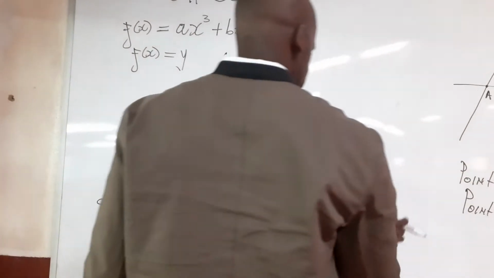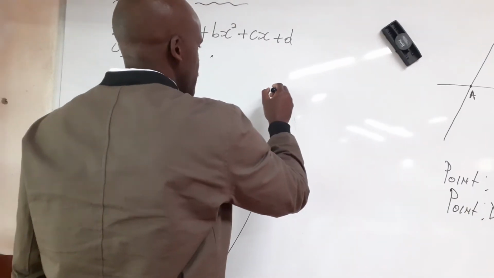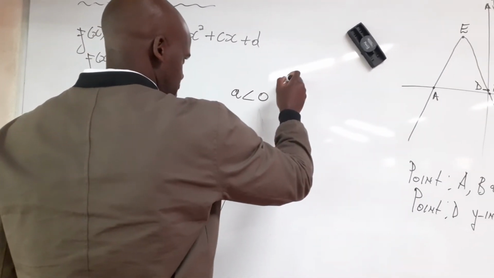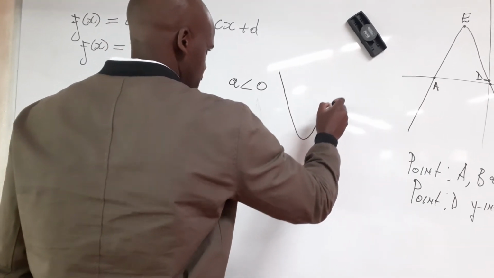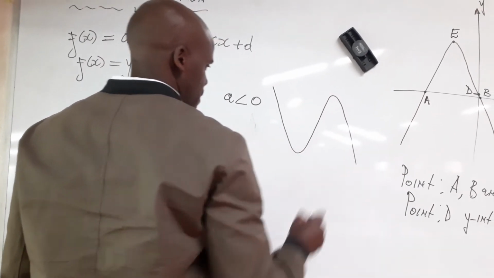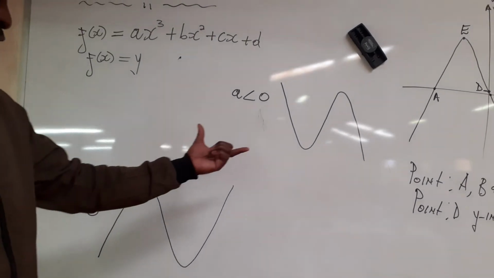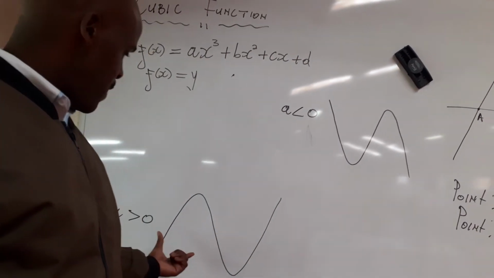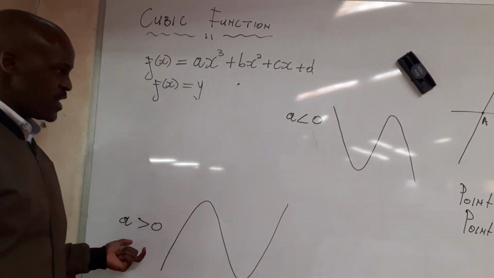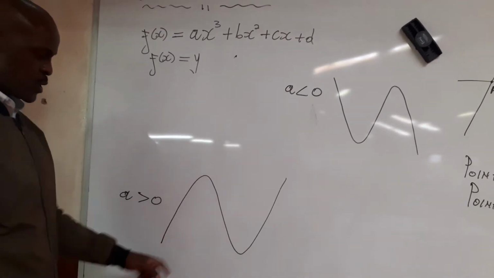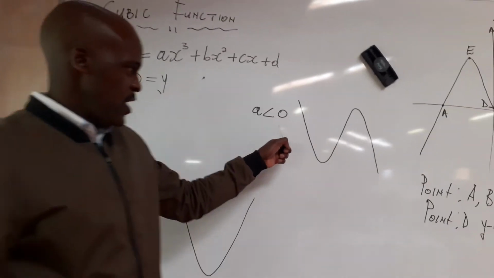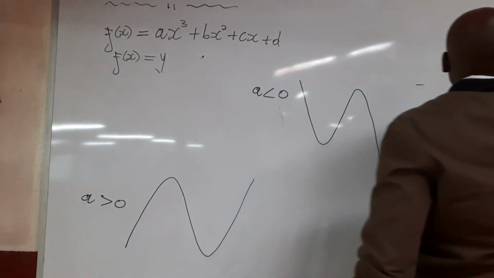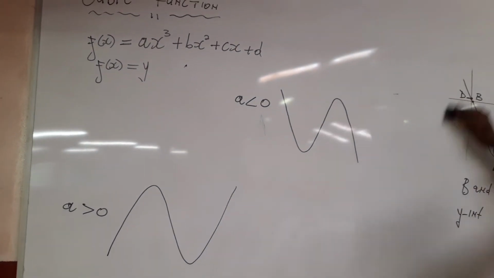If A is negative, the graph will look like that. So these are the important things you need to consider before you start sketching a graph. You look at the value of A: if it is positive, my graph has to increase; if it is negative, it has to decrease.